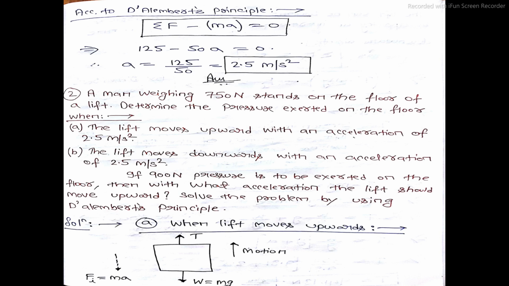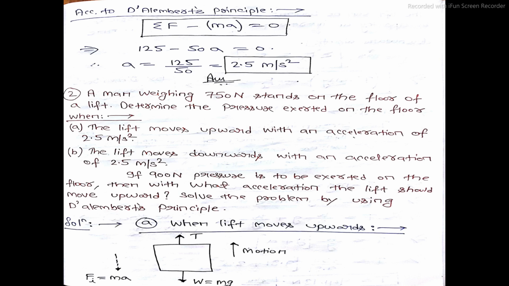Second part of the problem, the lift moves downward with an acceleration of 2.5 meter per second square. If 900 Newton pressure is to be exerted on the floor, then with what acceleration should the lift move upward? Solve the problem using D'Alembert's principle.